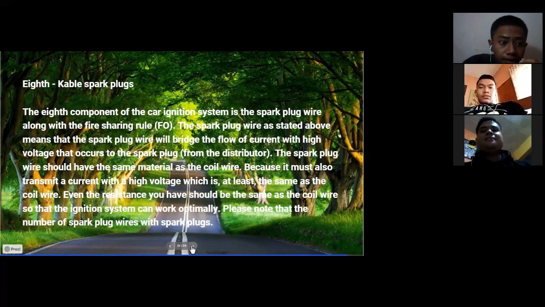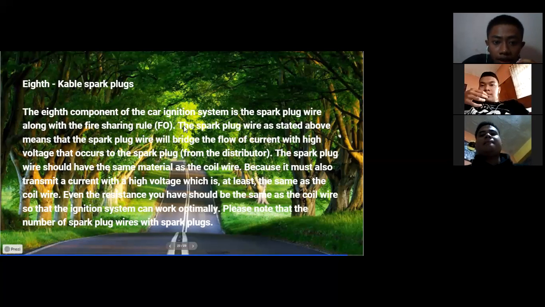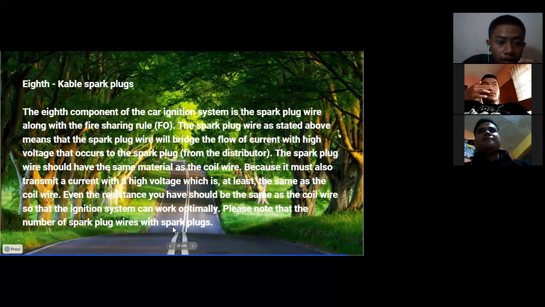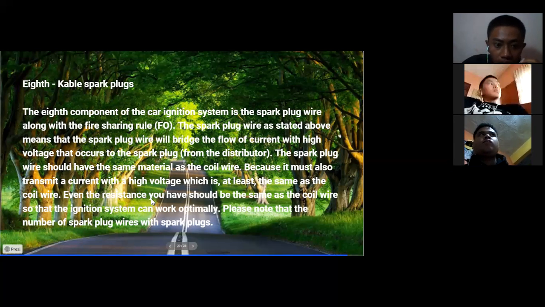Eight, spark plug cable. The eighth component of the car ignition system is the spark plug wire along with the firing order rule. The spark plug wire, as stated above, will bridge the flow of current with high voltage that occurs to the spark plug from the distributor.